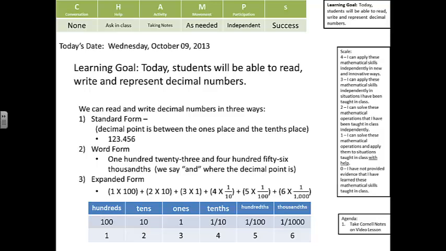In our hundreds place, we have the 1 and 100. In the tens place, we have our 2 and 10. In our ones place, we have the 3 times the 1. And then we get to our decimal numbers. The tenths is 1/10. The hundredths is 1/100th, and our thousandths is 1/1000th.